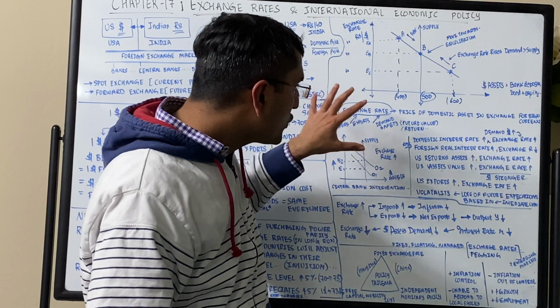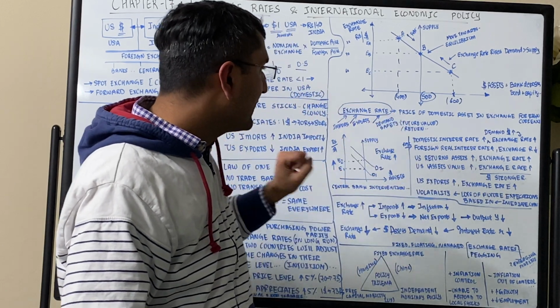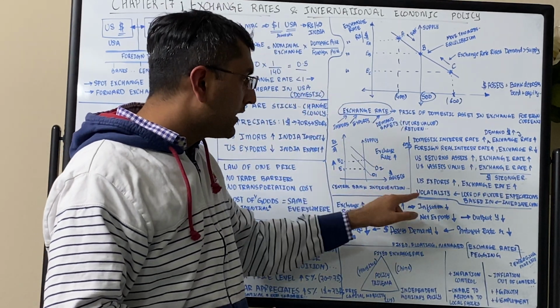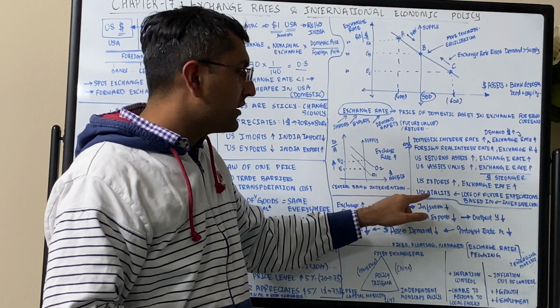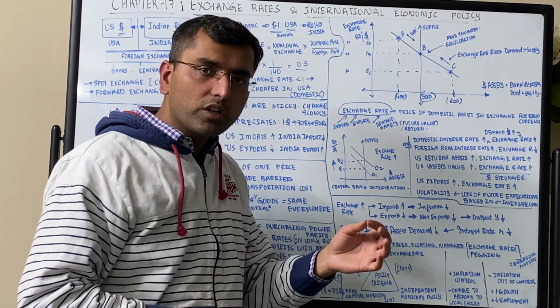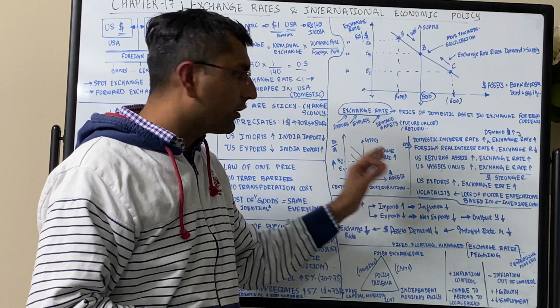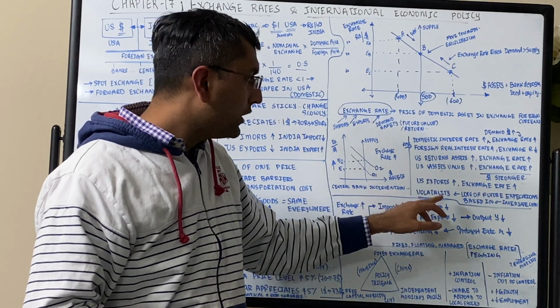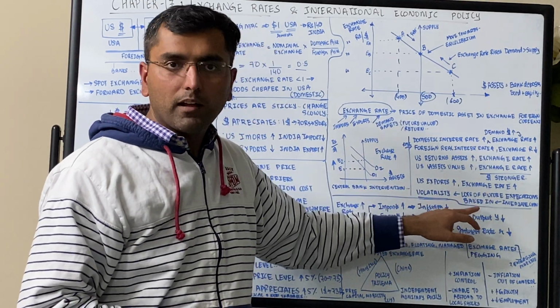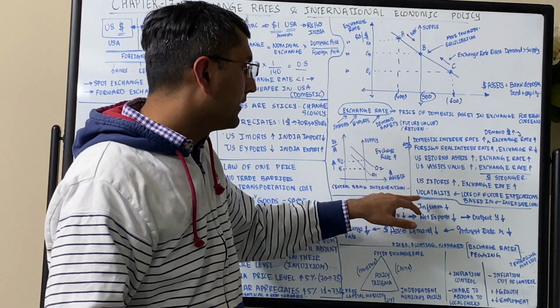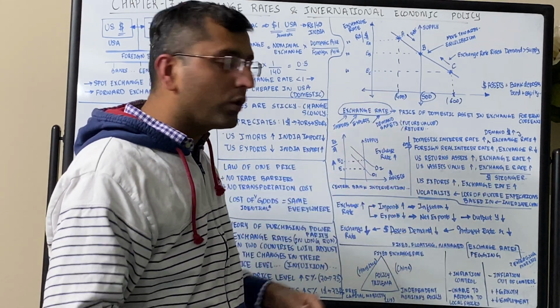Given so many factors that impact the exchange rate, there is lots of volatility, because a lot of the future is now being bet on the dollar. Those future expectations being baked in impact the exchange rate, and so it's volatile.